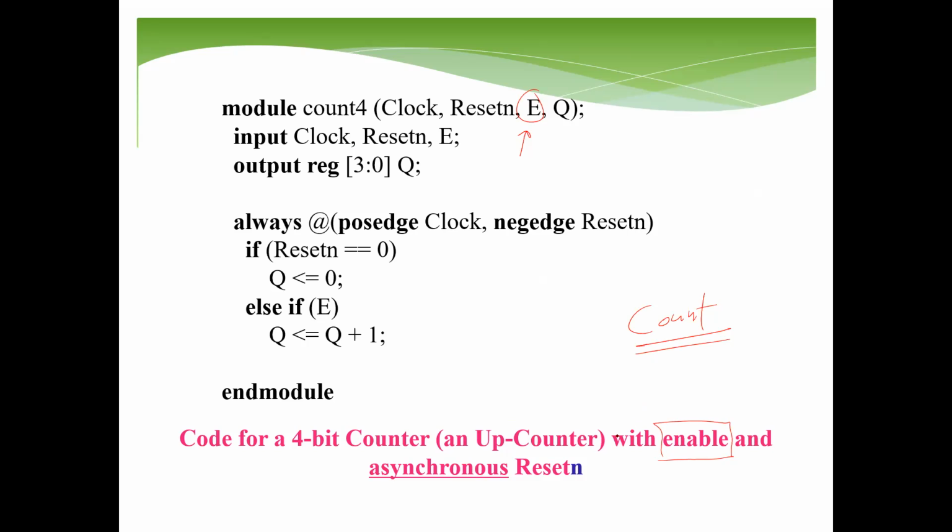One of the questions was to design a counter with a signal called count. So if count equals 0, don't count. But you are allowed to load, you are allowed to reset. If count equals 0, meaning don't count. If count equals 1, count. This signal that we used before, which we called count, is the same as enable in this set of slides.